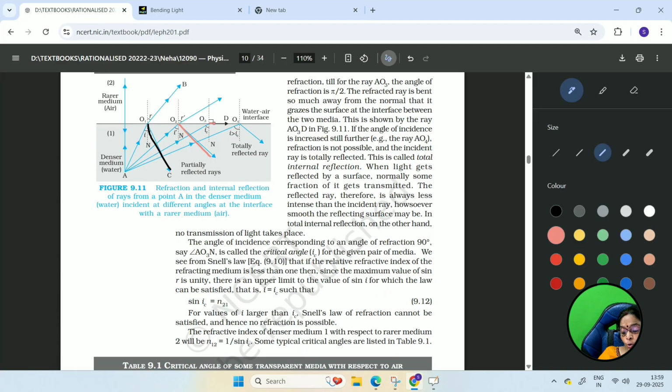This one is grazing the interface. The angle at which it grazes the interface is called the critical angle. Now if you increase this to more than the critical angle, instead of undergoing refraction, it will undergo total internal reflection. See here.